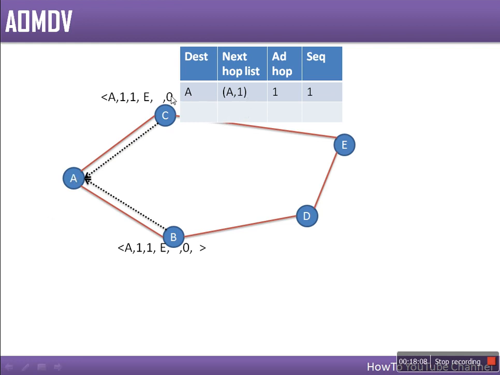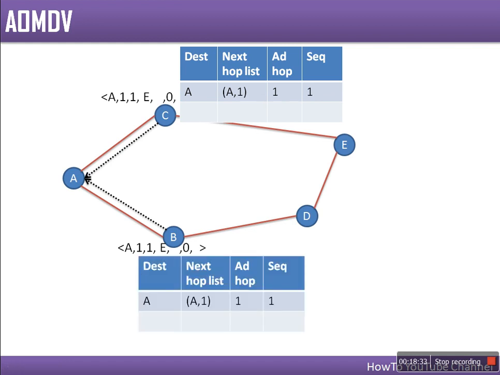So it will increase this number and put it in the next hop list, that node A is away from node C with hop count one, and at this time only one path is available, so the advertised hop count will also be 1, and the sequence number is taken from this packet, and this will be inserted in the table. Now B will also do the same thing, it will set a reverse path and insert all entries.